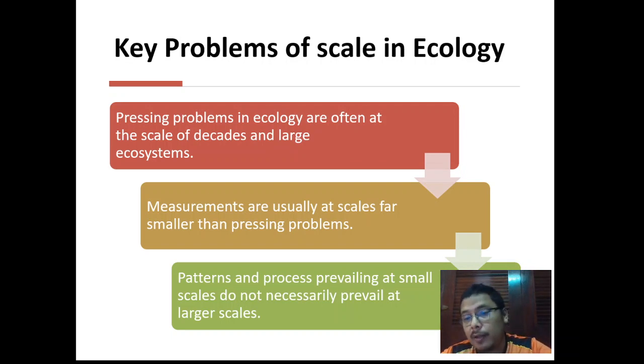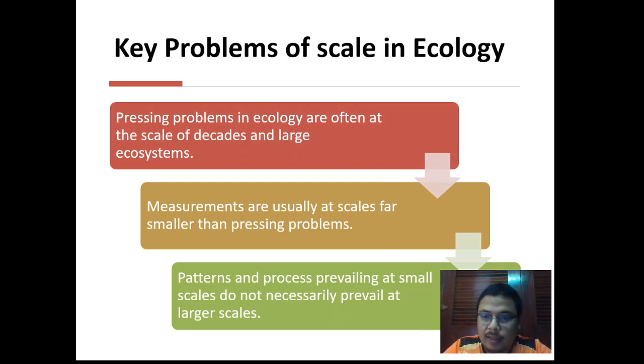In that quantity, you can get millions of bacteria. So you cannot extrapolate based on 1 teaspoon to the whole agricultural land of 1 hectare. So these are the key problems of scale in ecology.